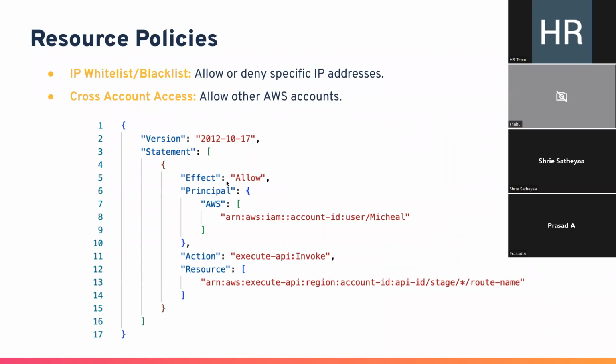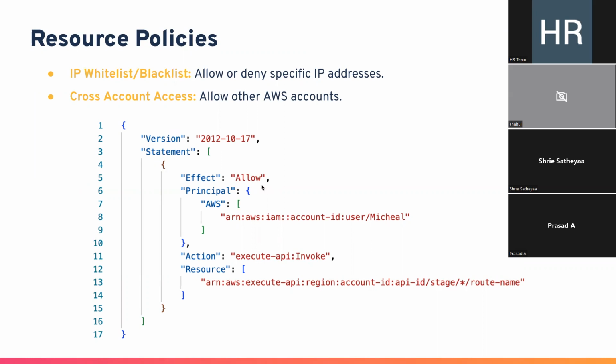The resource policy provides API-wide IAM permissions, which basically allows or denies a specific range of IP addresses, or allows cross-AWS accounts to access your API Gateway.